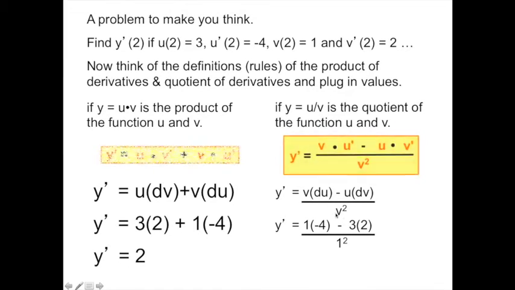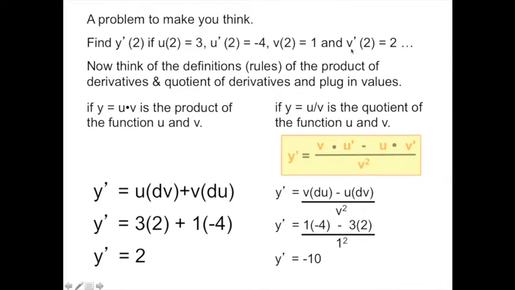And then the function v is 1, and we're going to square that. So evaluating this, it looks like we have minus 4 minus 6. It's minus 10 divided by 1, which is negative 10. So we can use a tabular approach or a list of values here, or a graphical approach if we had these graphed on an XY graph, to find the values of the derivatives using the product and the quotient rule.